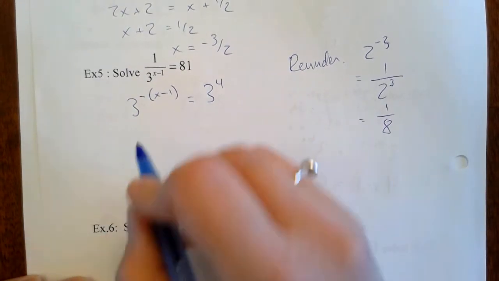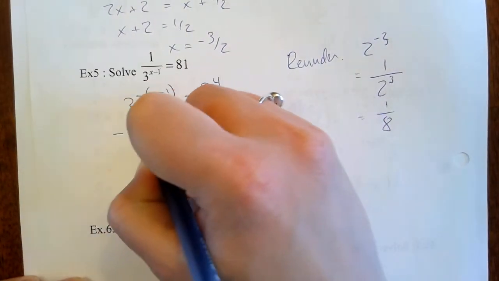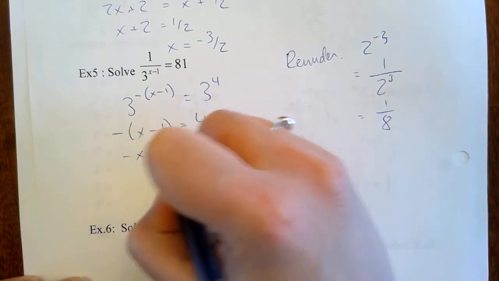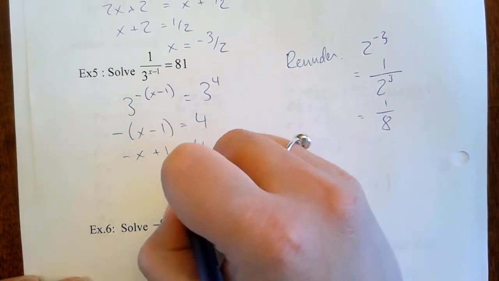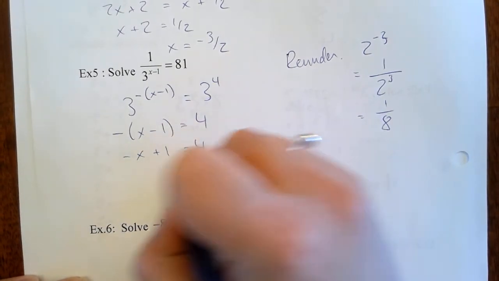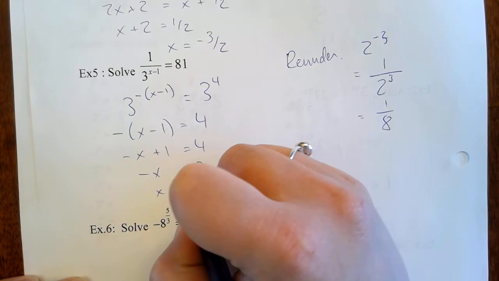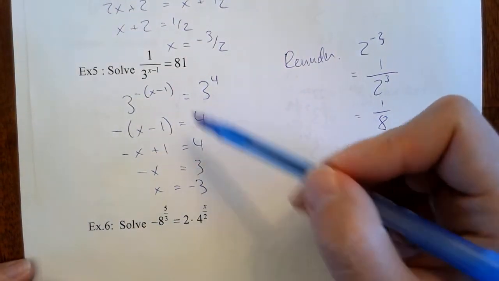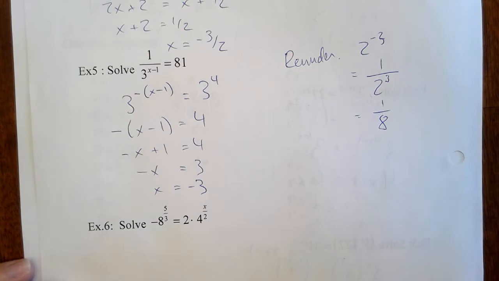Now that I have the same base, I can say negative x minus 1 equals 4. Multiply that out real quick. Subtract 1 from both sides. X equals negative 3. Beautiful. And I should be able to plug these back in and double check it, right?